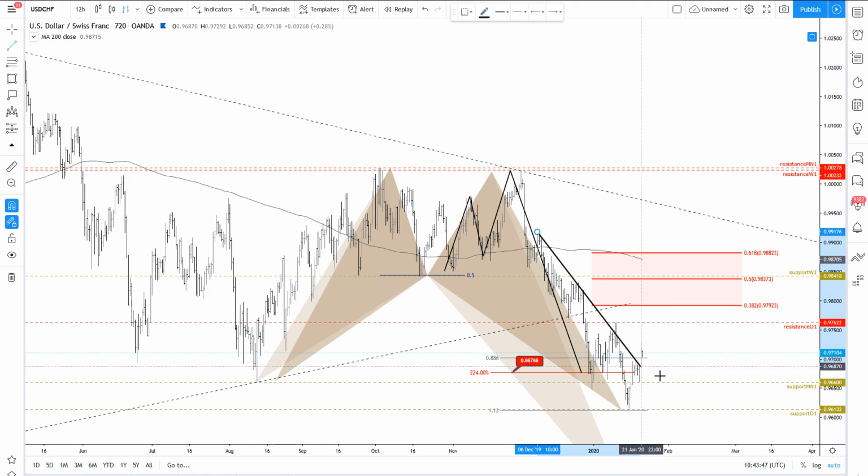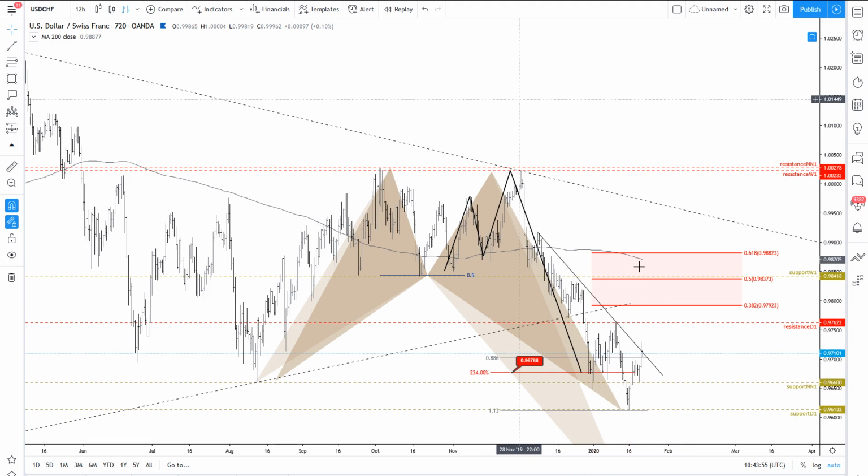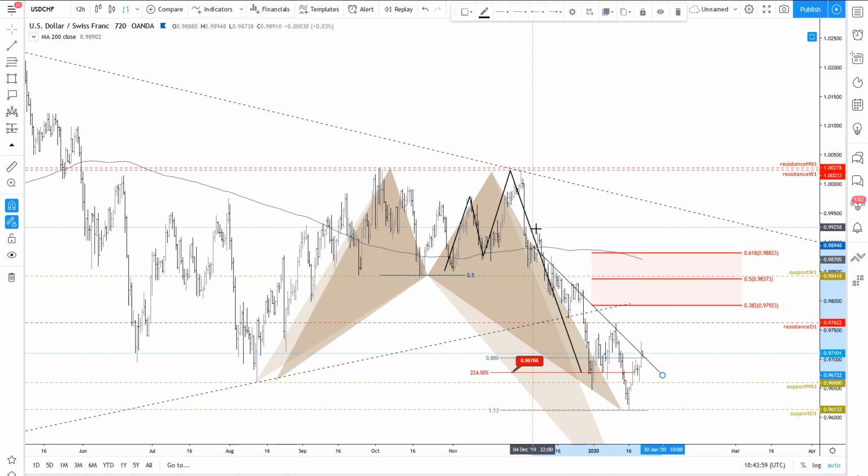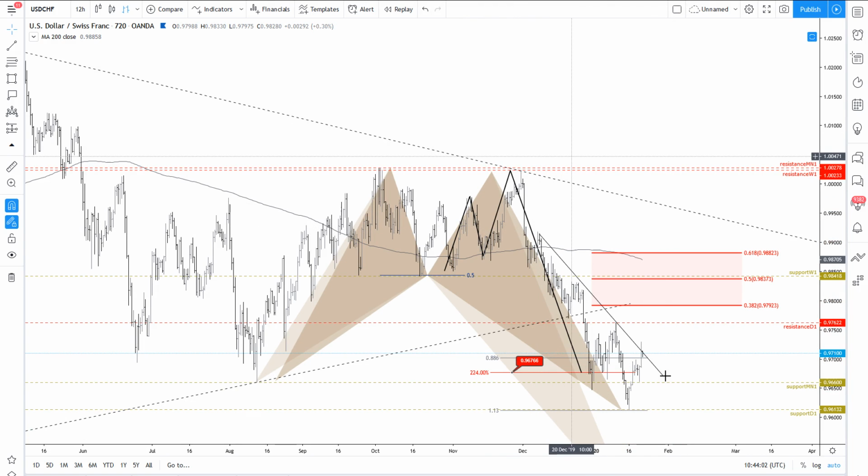Let me just draw this trend line here. We are threatening kind of a trend line resistance here. Well, let's see how the market will react here. At least it's offering some pressure there.